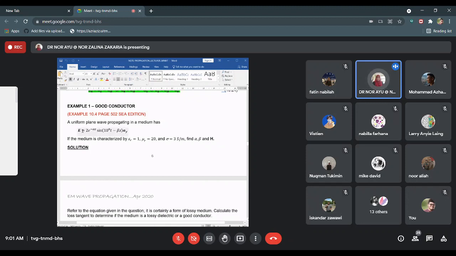E is given to you, so you need to find H. If H is given to you, you need to find E. So normally the question is like that. And then you need to find a few other parameters.